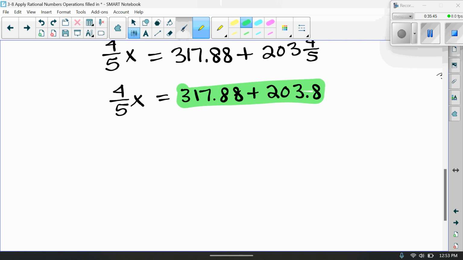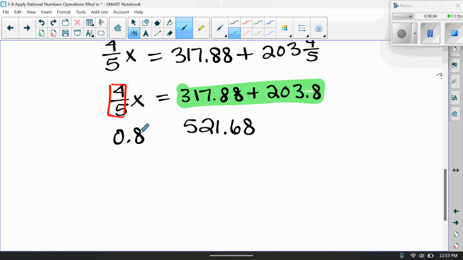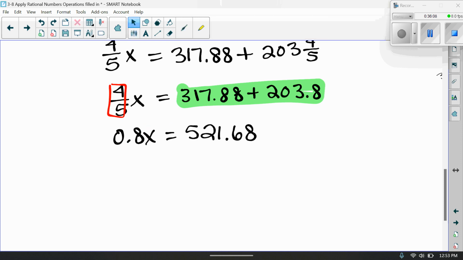So 521.68. Now on this side, we've already said that this 4/5 is equal to 0.8. So we've got 0.8 times x is equal to 521.68.